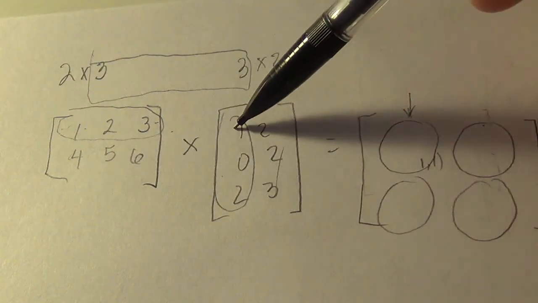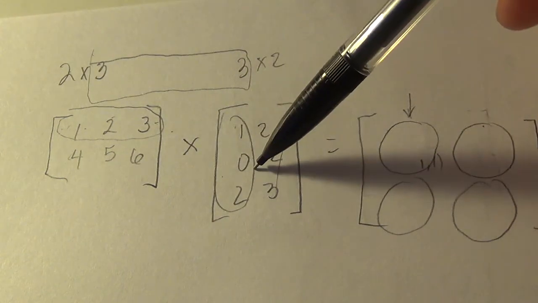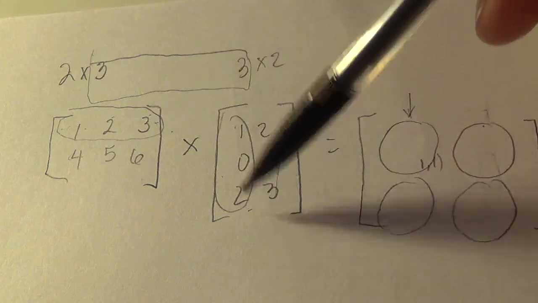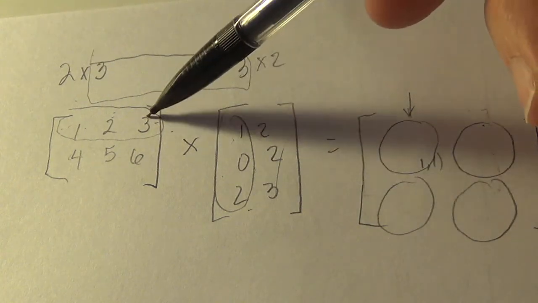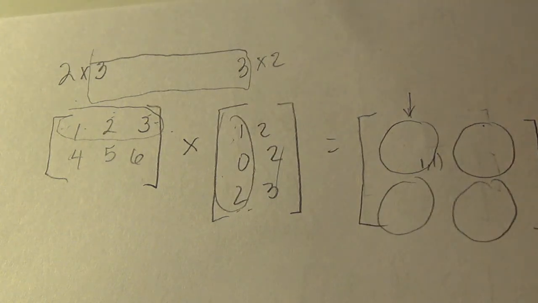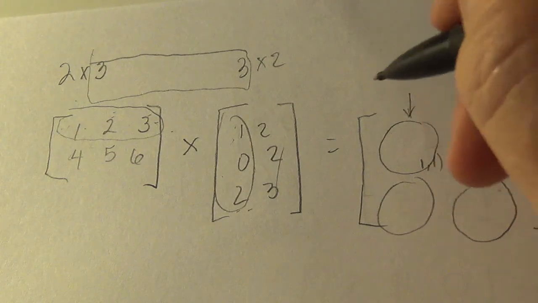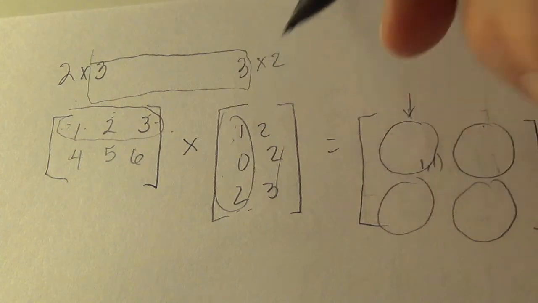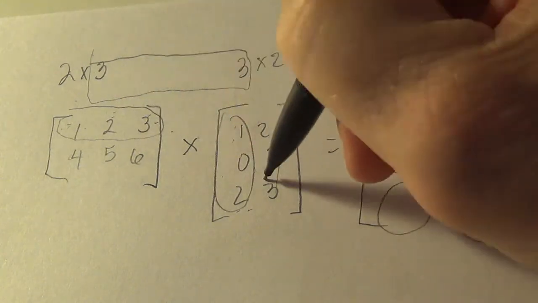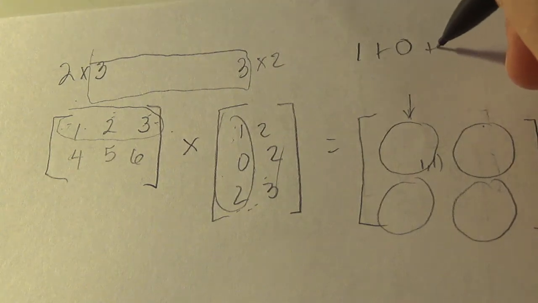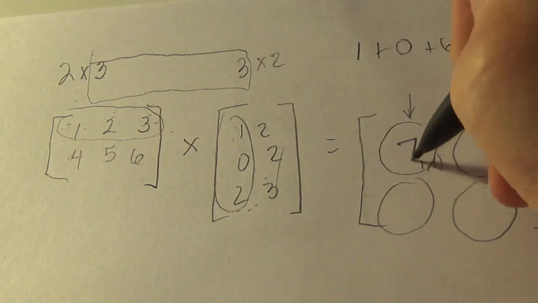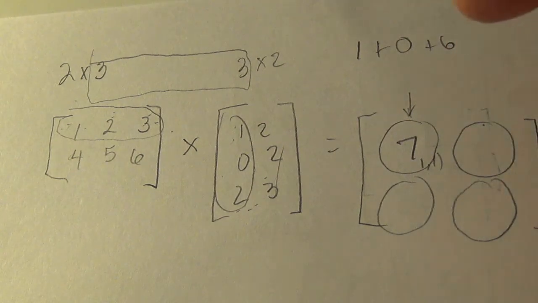This times this plus this times this plus this times this. 1 plus 0 plus 6. You see where I got those numbers? 1 times 1, 2 times 0, 3 times 2. So that goes in here. It is a 7.